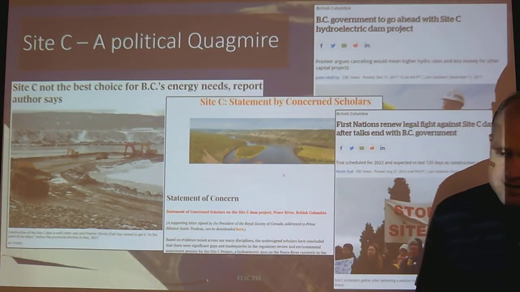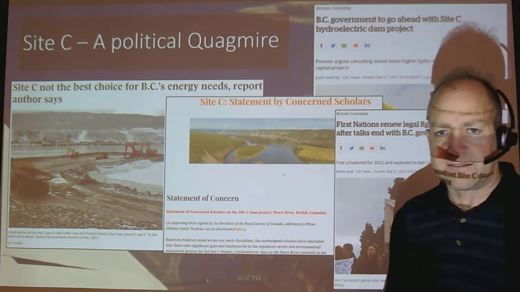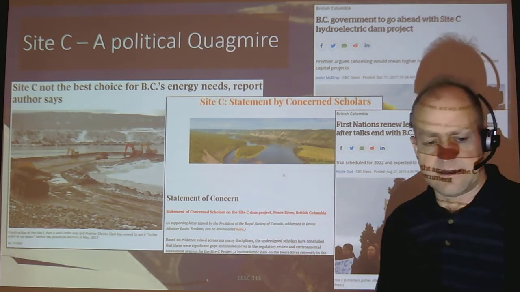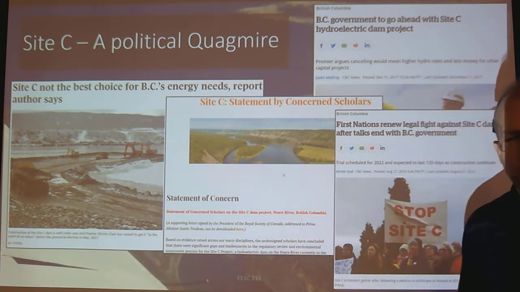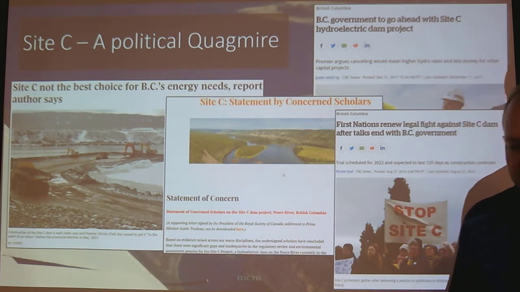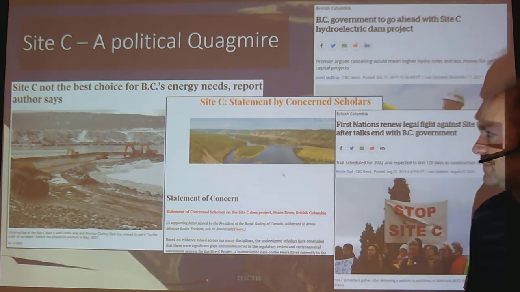Site C is actually quite an interesting project. It's interesting because it was complex, so technically interesting. But in the years since I worked on that project, I think we went to a hearing in 2014 actually. Either way, it's been 6 or 7 years. A lot has happened. A lot of people have come out in opposition to the project.